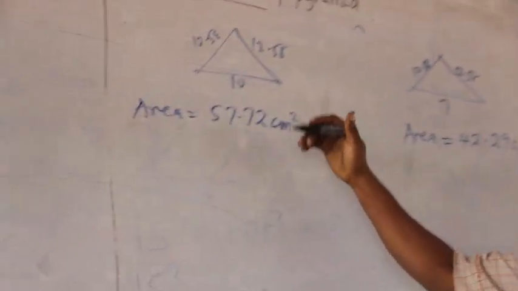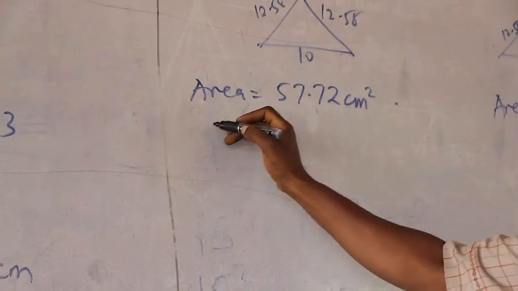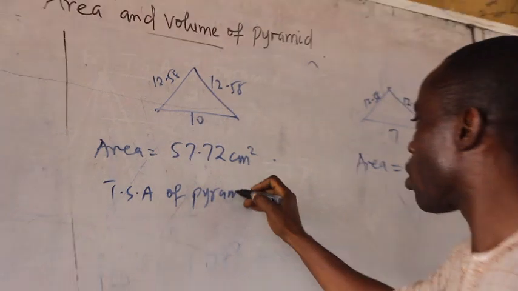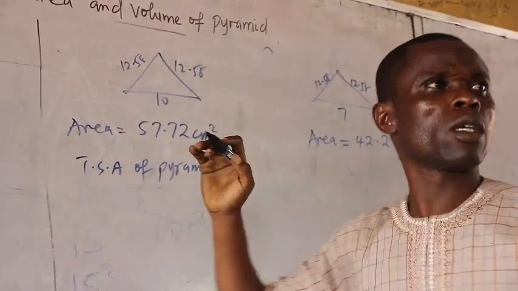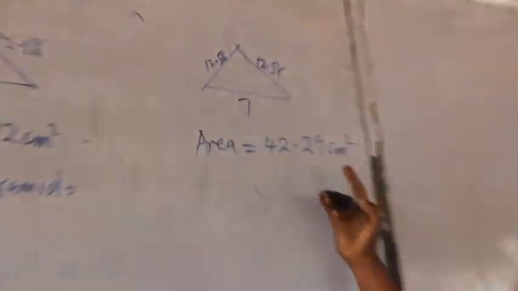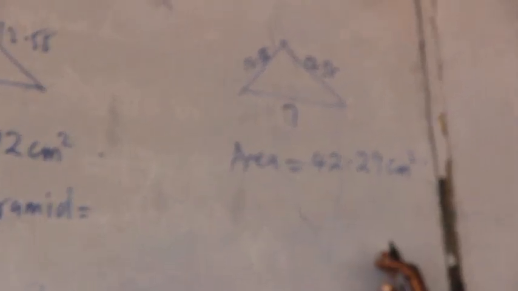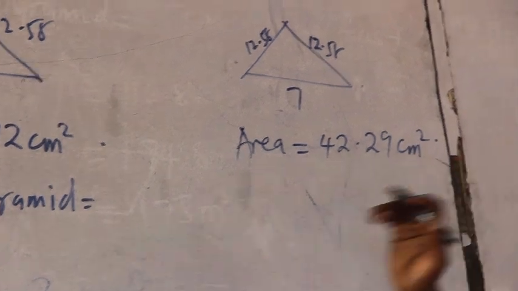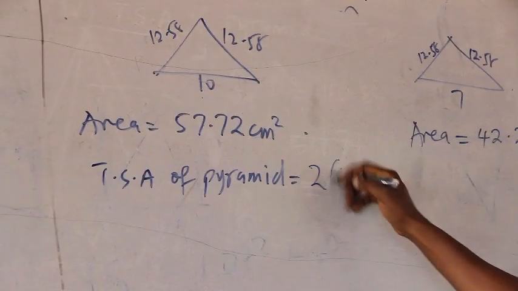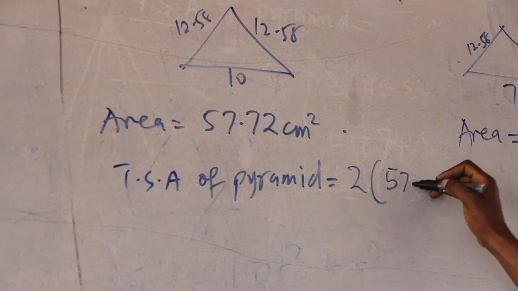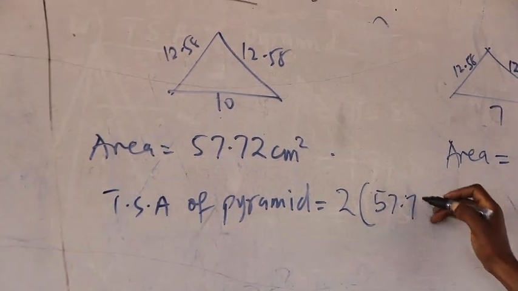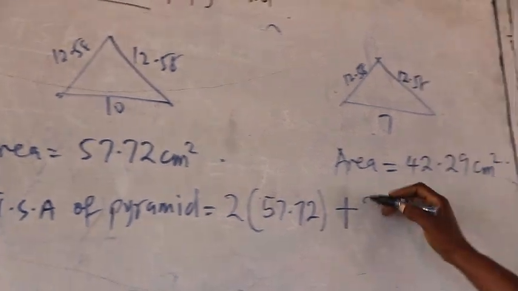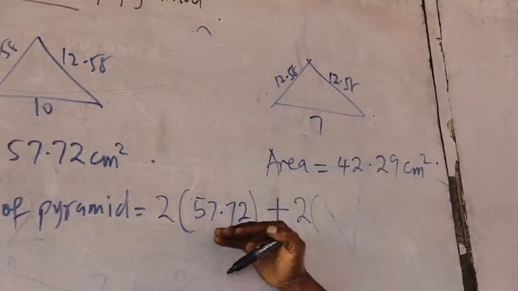So, for me to find the total surface area, the total surface area of the pyramid is now equal to 2 times 57.72 plus 2 times 42.29 plus the base area. Do you know the reason why I multiply by 2?